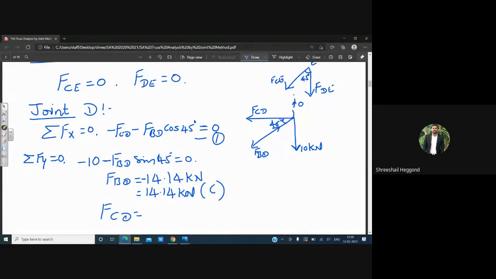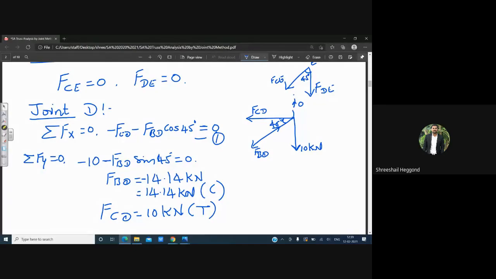That is 10 kilonewton, which is a positive value, a tension member. Therefore, in bracket write T. That is a tension member. Once you have FBD and FCD, then we can calculate the remaining member in your truss.